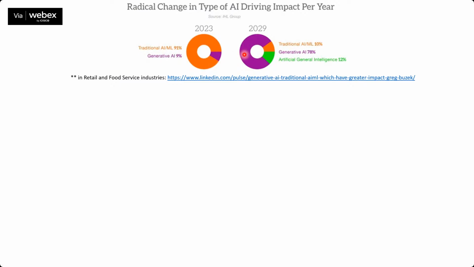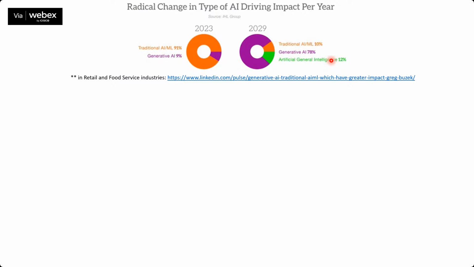In the next 5 years or so, we expect the picture will change entirely. We'll have almost all projects around generative AI, and only 10% traditional, and we'll start seeing some projects on AGI, the artificial general intelligence that I was talking about.